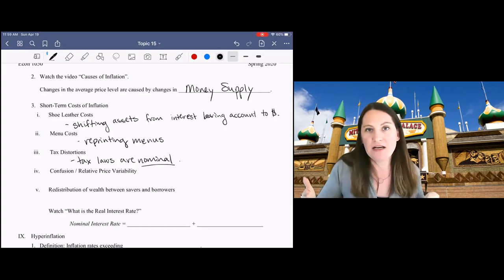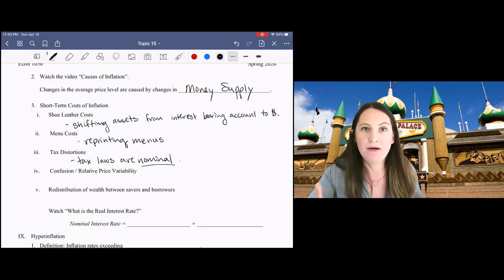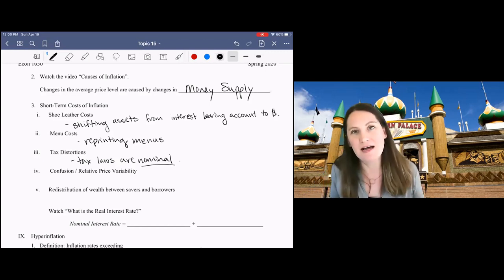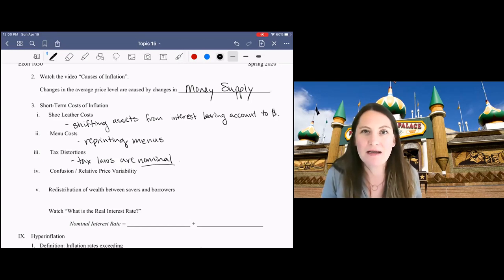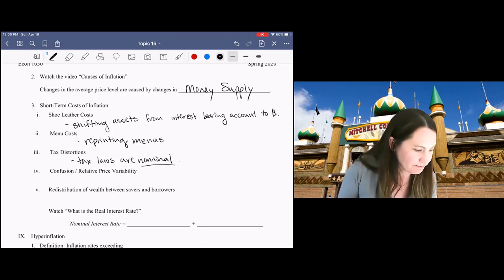So when we have inflation, right, the value of a dollar goes down, prices go up, your income goes up. It's going to push you into a higher tax bracket, right? So here we have inflation as taxation, right, without any conscious decision to increase taxation, people will be pushed into higher tax brackets.